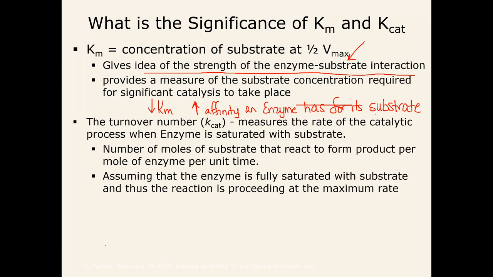Okay, there are other ways to talk about the efficiency of an enzyme, and that is through kcat. That's the number of moles of substrate that react to form product per mole of enzyme per time. This assumes that the enzyme is fully saturated and going at the fastest rate that it can, its maximum rate.